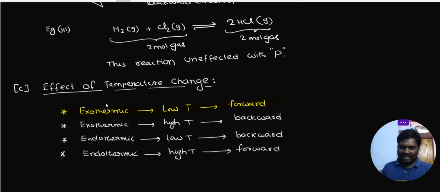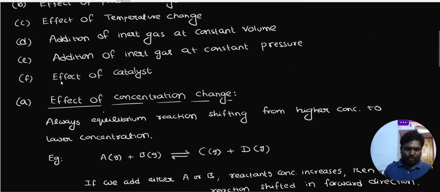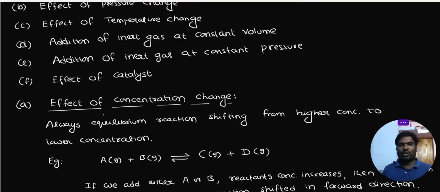Now, next one. Effect of... So what is the fourth one? Addition of inert gas at constant volume.